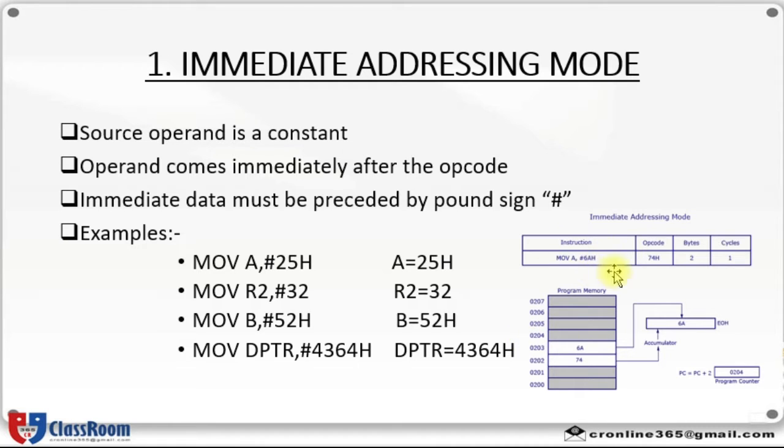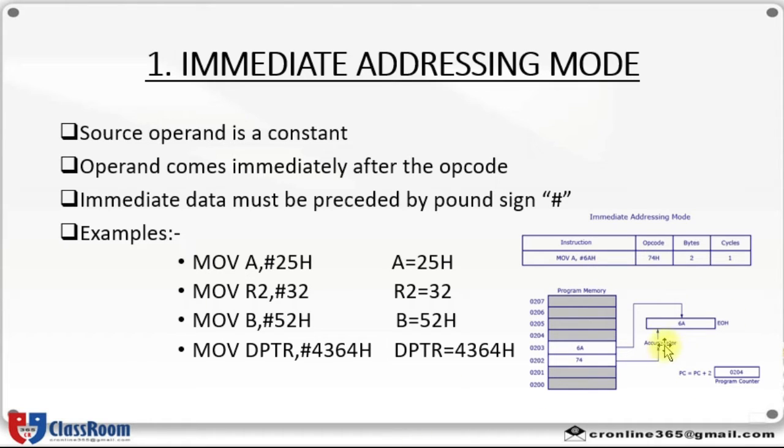Then what is the meaning of this instruction MOV A, #6AH? 6AH is the data. That data is immediately transferred to the accumulator. That is, #6AH means 6AH itself is the data, and it is immediately transferred to the accumulator. So the accumulator will have the value 6A. That is the meaning of immediate addressing mode.